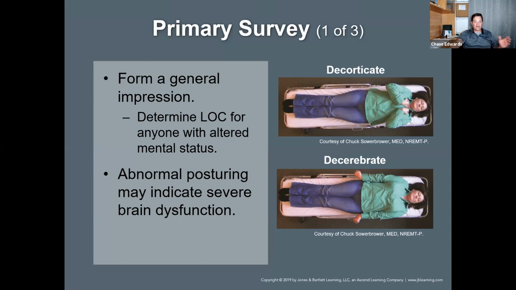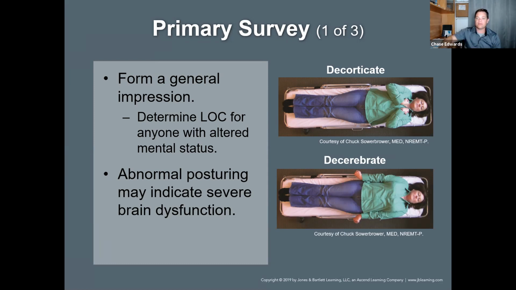It's the most severe finding. This is a more severe finding than decorticate. What I used to call decerebrate, because it looks like they're celebrating. Sometimes you'll see them with their arms up here, celebration, or they'll have extension. So, weird way of remembering it.